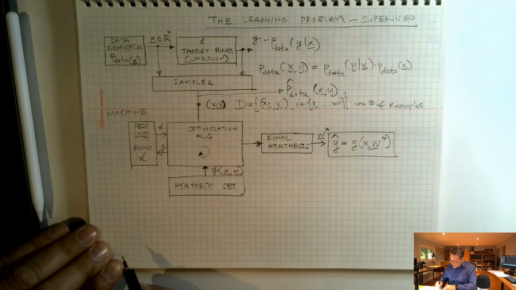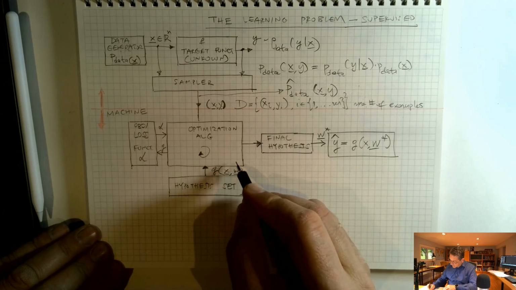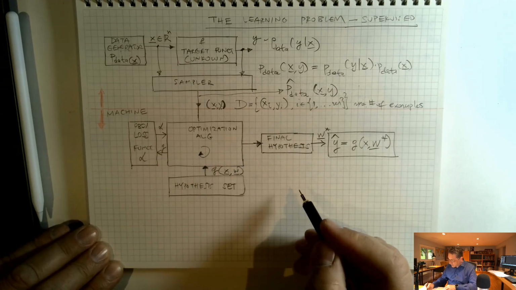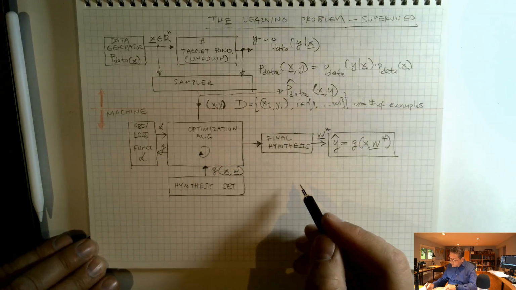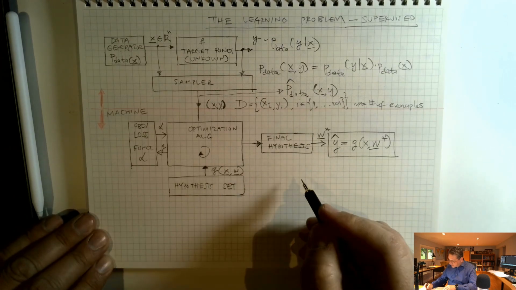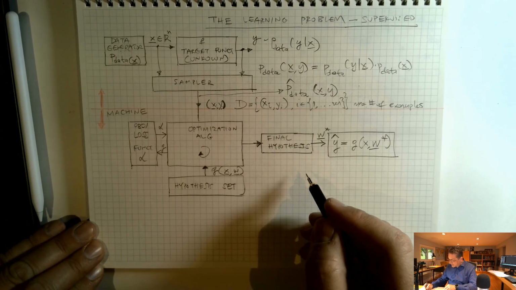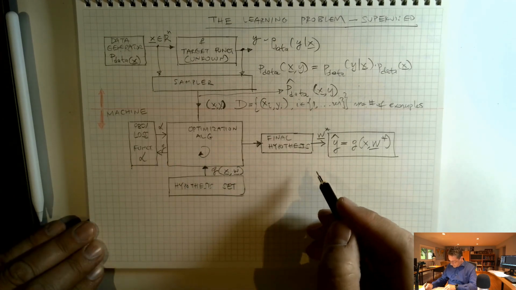We had the objective loss function, and we had the optimization algorithm, which is the stochastic gradient descent. And finally, we had the final hypothesis produced at the output of this optimization procedure.